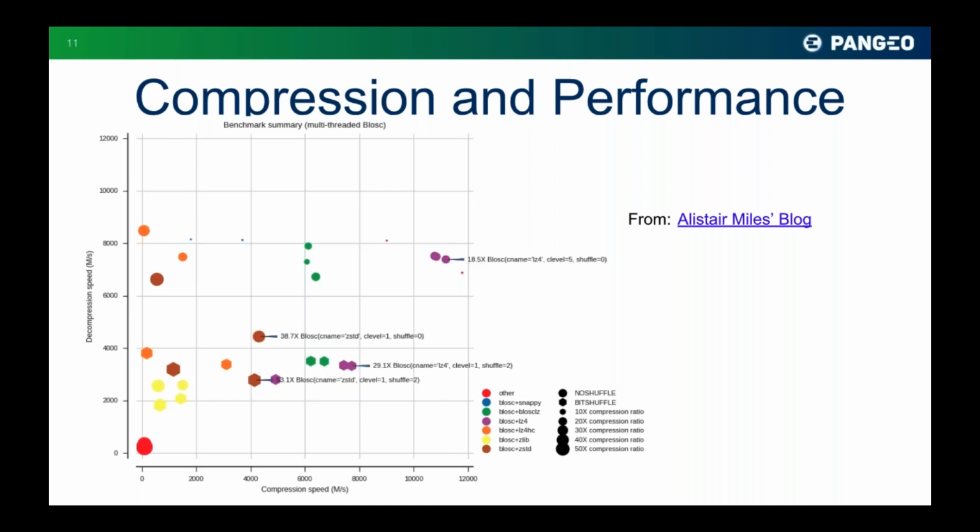But if he's working on a slower file system or slower storage, maybe he wants to go to the middle there and get 30 times compression with slightly slower speeds.